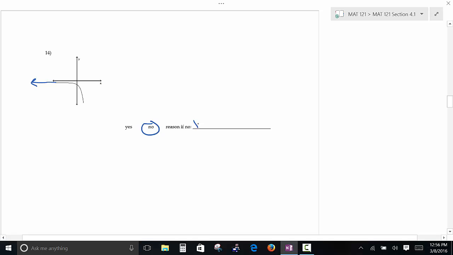Okay, the function cannot, and it's good enough for our purposes now if we just write it that way. It cannot level off. In other words, it's always got to turn up or turn down. So the graph's either got to go to infinity or go to negative infinity. It can't just level off like that. So when we learn about that, we're going to call that a horizontal asymptote.